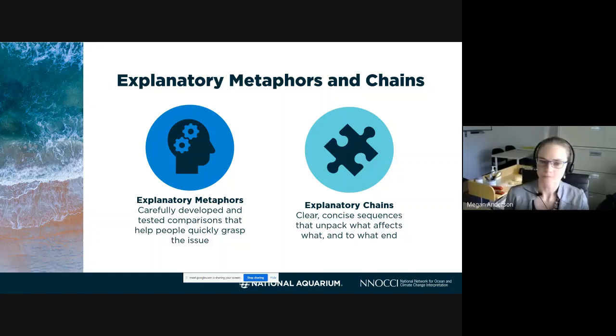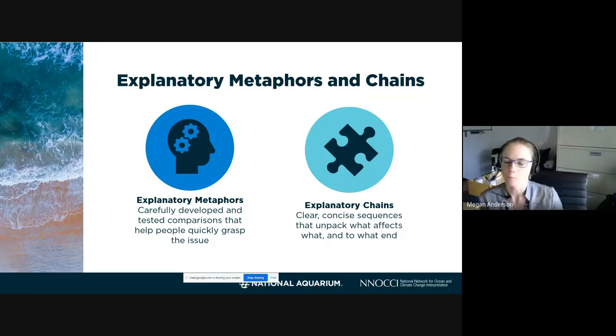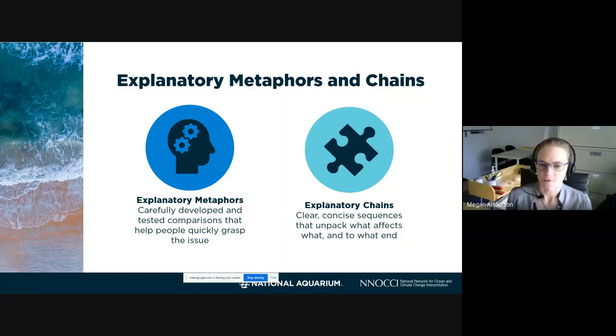So an explanatory chain is more than just missing that one piece of information. It's leaving your audience behind in that gap because they can't get past it. One good tip, if you're developing a script or any sort of communication that's especially complicated in terms of science, is to start your next sentence with a little bit of the end of the last sentence.